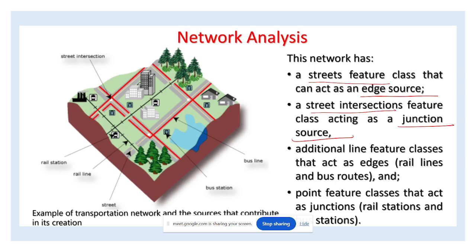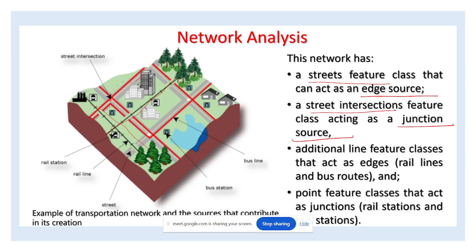And then the third, an additional line feature class, and the edges in the rail lines might be there. So here you have the street intersection, you have the street edge sources, but an additional edge source can be this rail line also, because that is also an example of edge source.